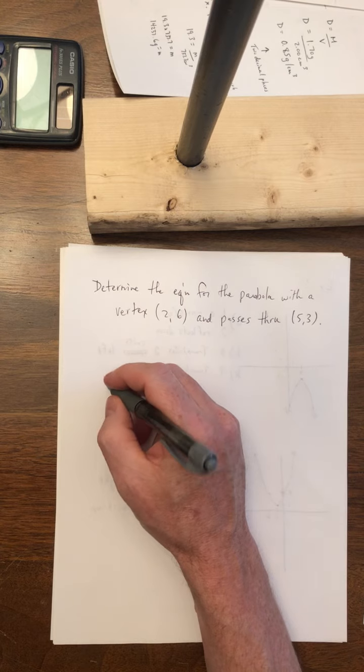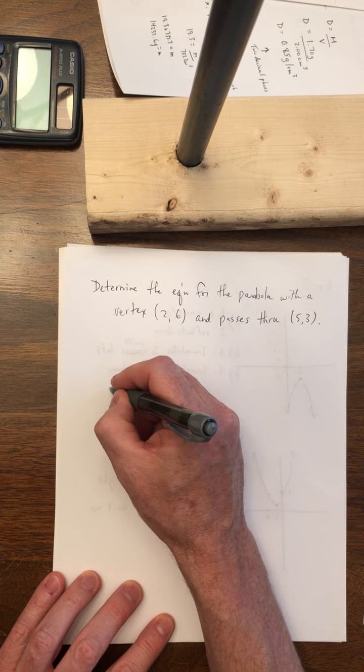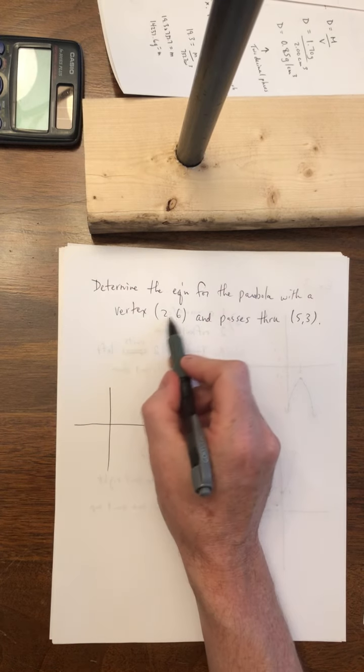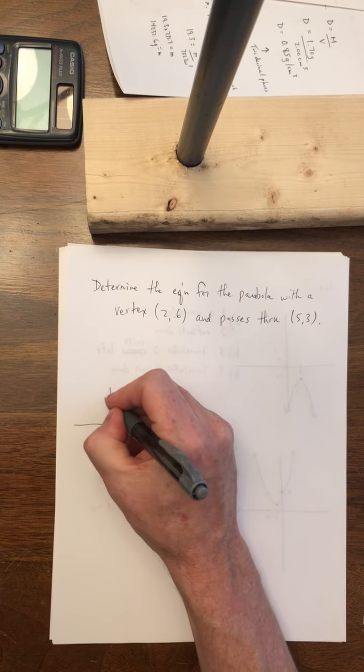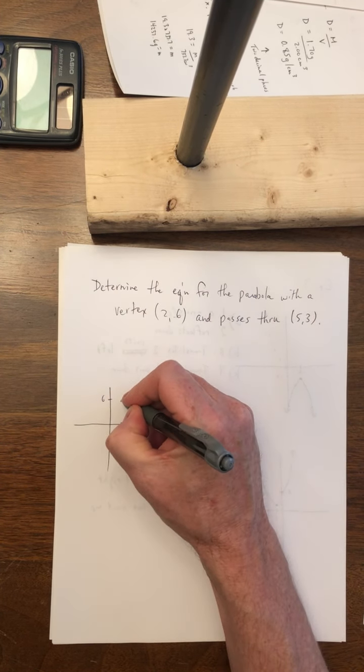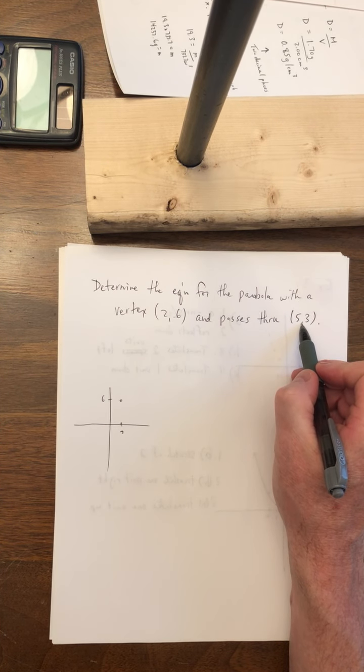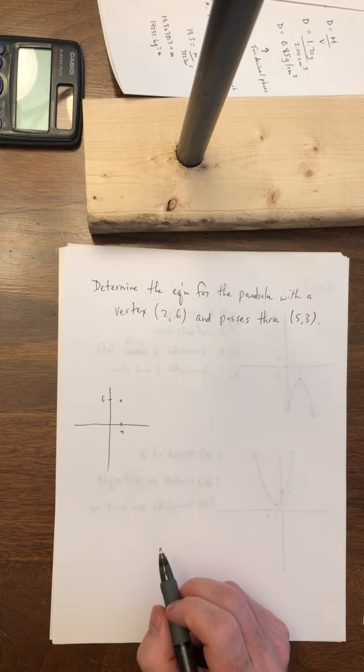All right, so I don't need to draw this out, but I'm just going to draw a little thing to refer to. So we know we have a vertex here at 2, 6. And we know it's passing through this point, 5, 3.